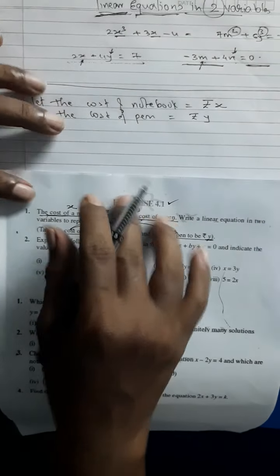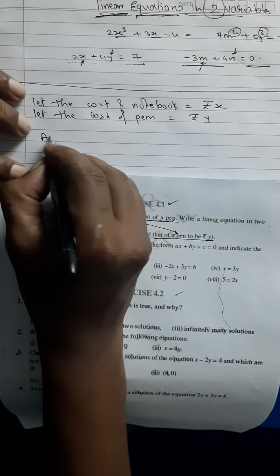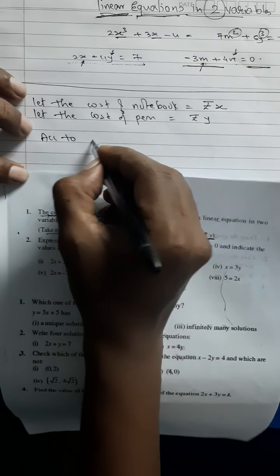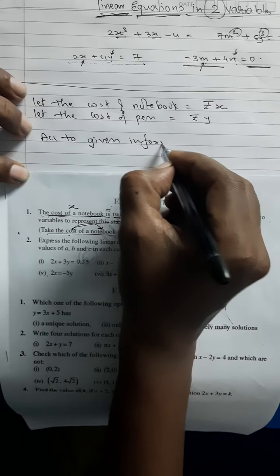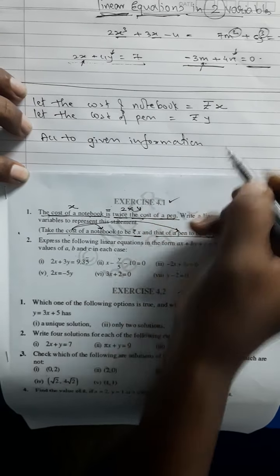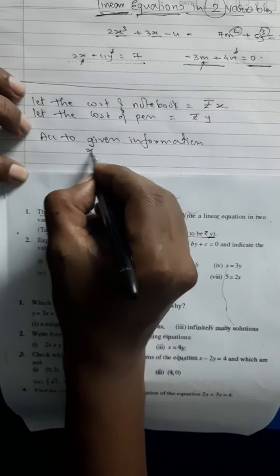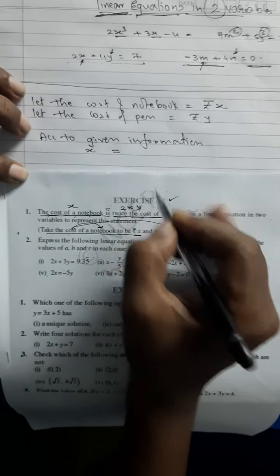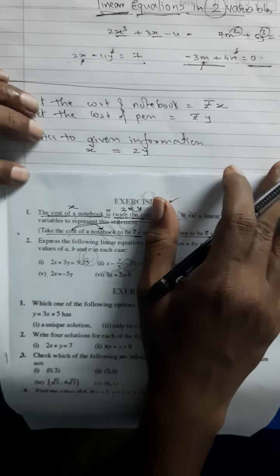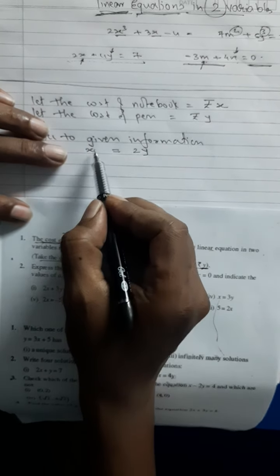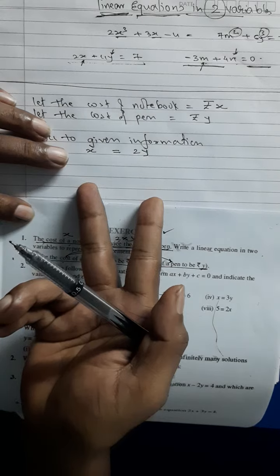This is the equation. So now, according to the given information, because this is the information given to you, x is equal to 2 into y. This is a linear equation, because you can see the powers are 1 and you have got 2 variables.